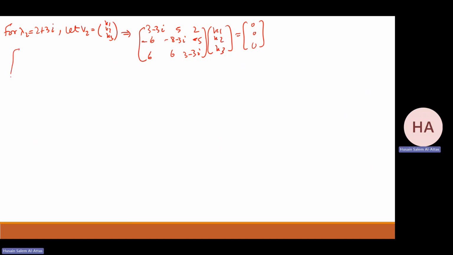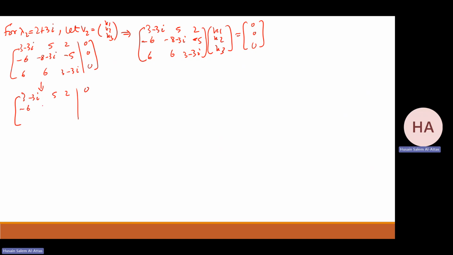Let me try to do Gauss elimination, see what will happen. At least I try to get rid of some numbers. Make zeros. So if we're doing this, multiply the second row by 1 and add it to the last row.